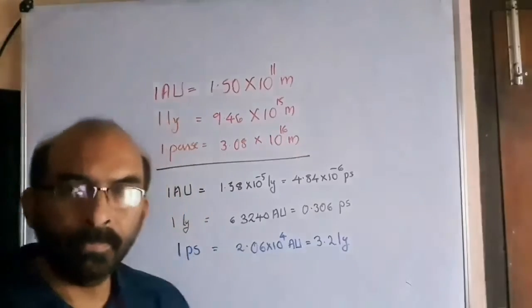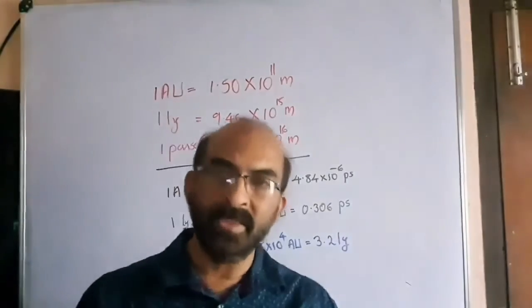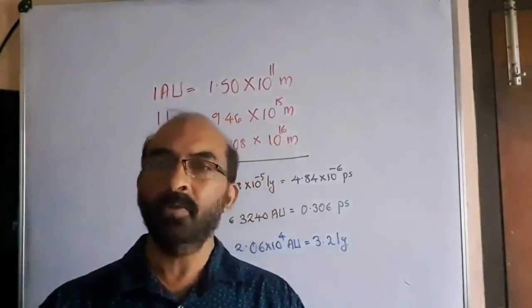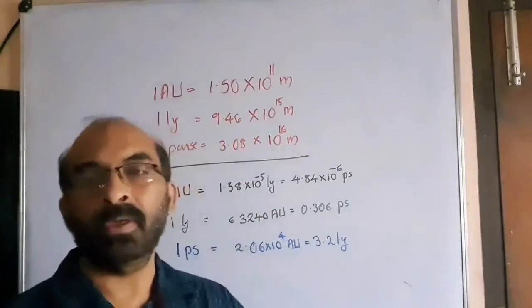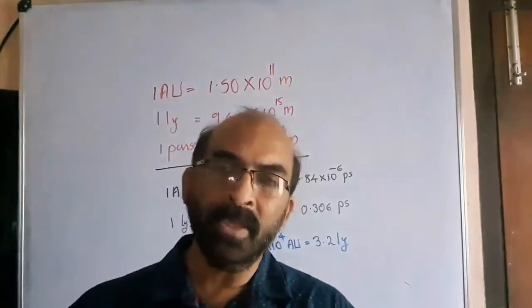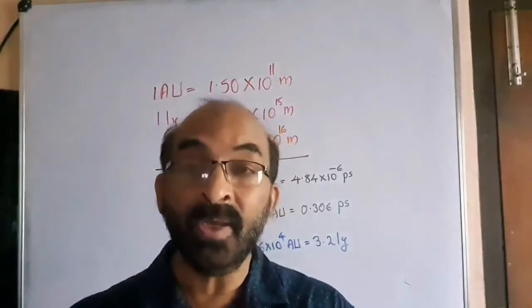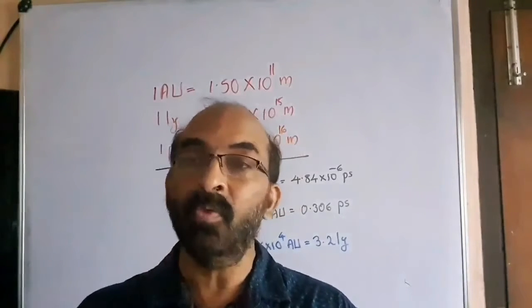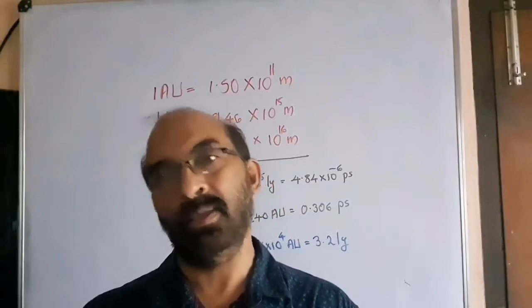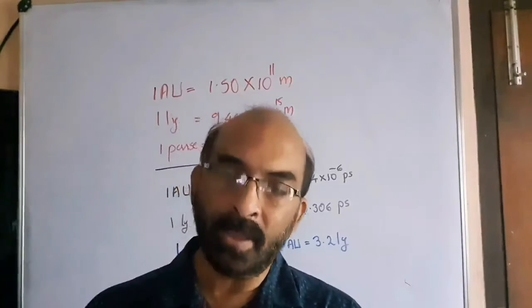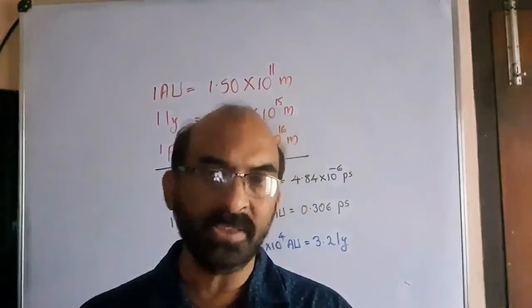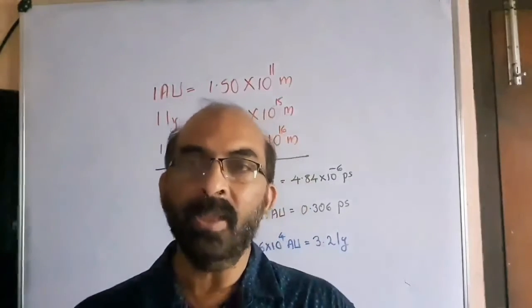Now some basic lengths we have to learn by heart. One is one astronomical unit. You know, one astronomical unit is the average distance between Sun and Earth. We know that the distance varies, so we take the average.